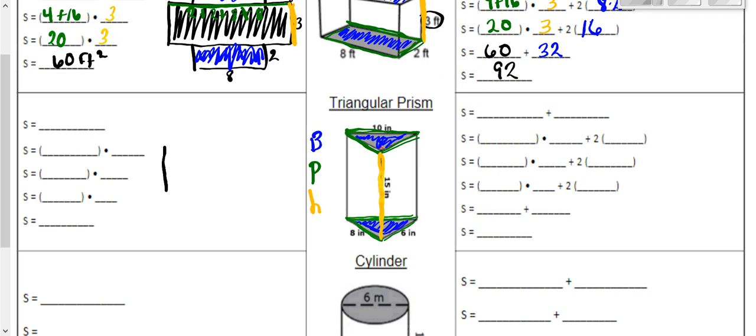So if I unfold my triangular prism, I'll have a rectangular piece in the middle, and then I'll have two triangles. And I'm never very good at drawing triangular prism nets.